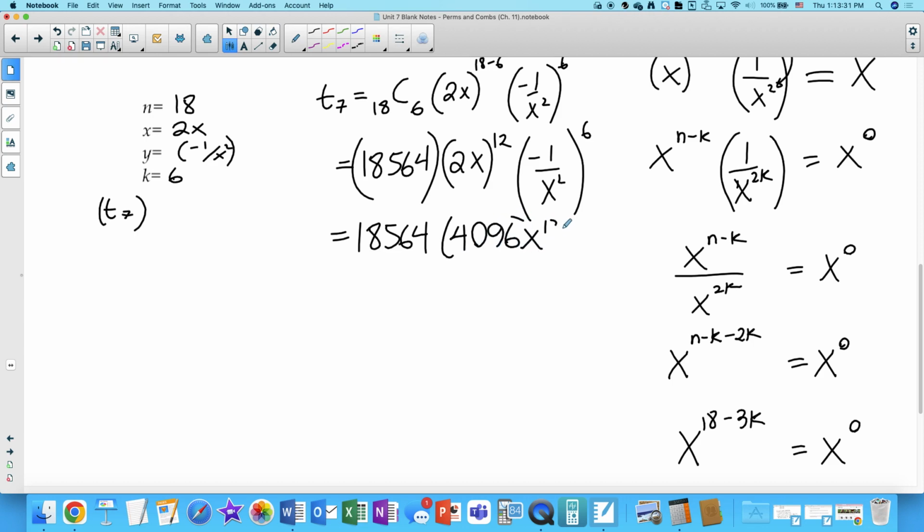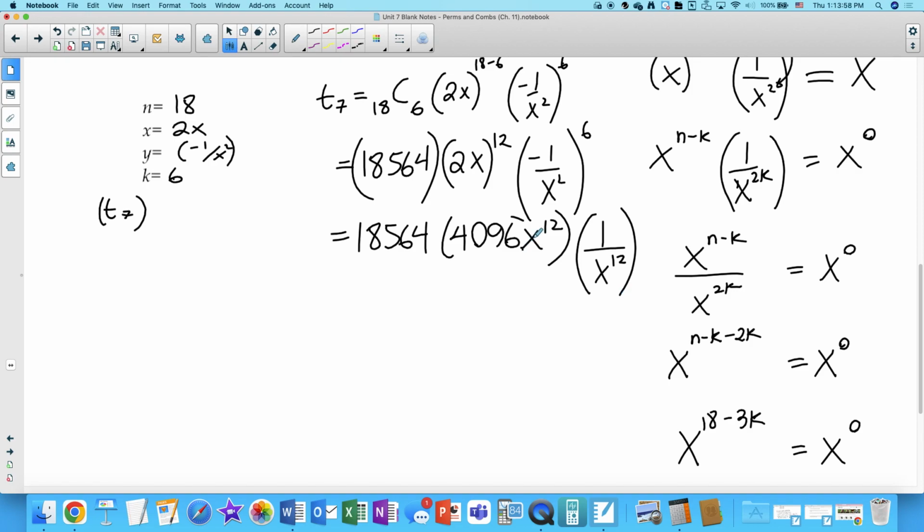x to the 12. And then because this is an even exponent, the negative 1 in the numerator, I suppose, will become positive. And 6 times 2 is 12, so x to the 12 in the denominator as well. And this is exactly what we want to see. We want to see that x to the 12 in the numerator cancels with the x to the 12 in the denominator. Okay?